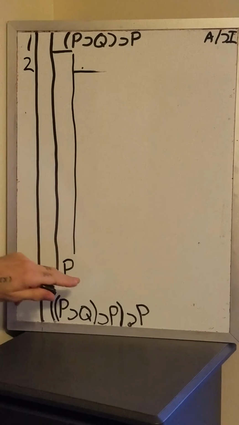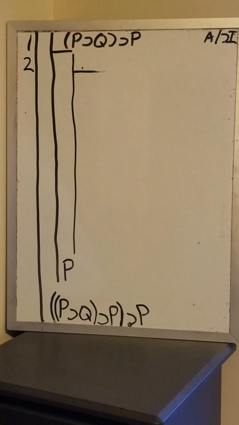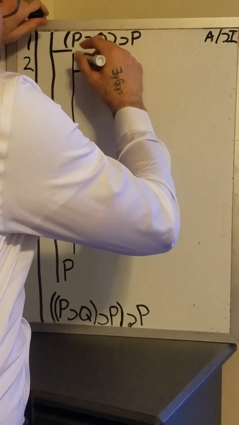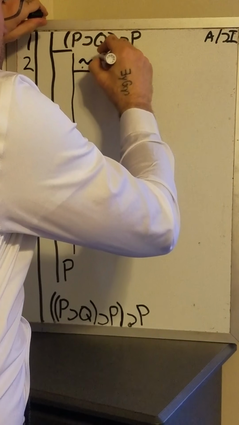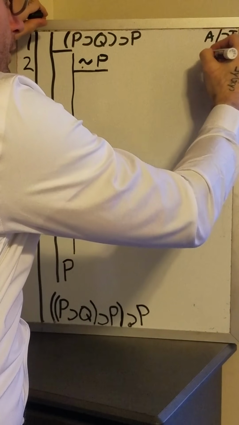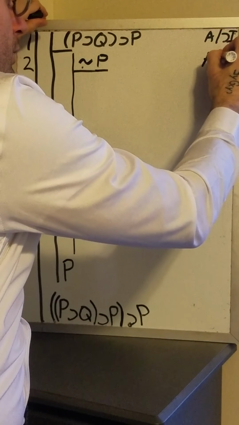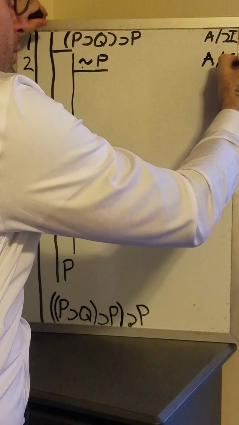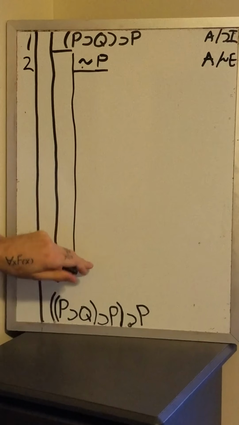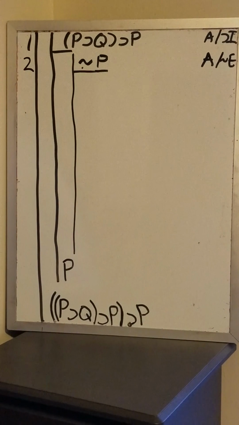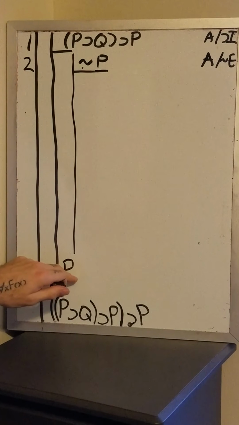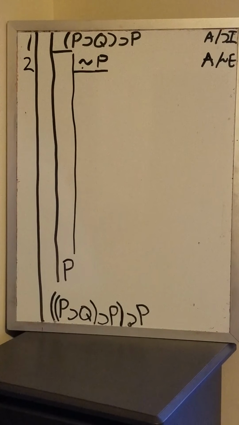So we're going to go ahead and assume not P. We're going to assume not P, show some kind of contradiction follows, and from that we can conclude P. All right?